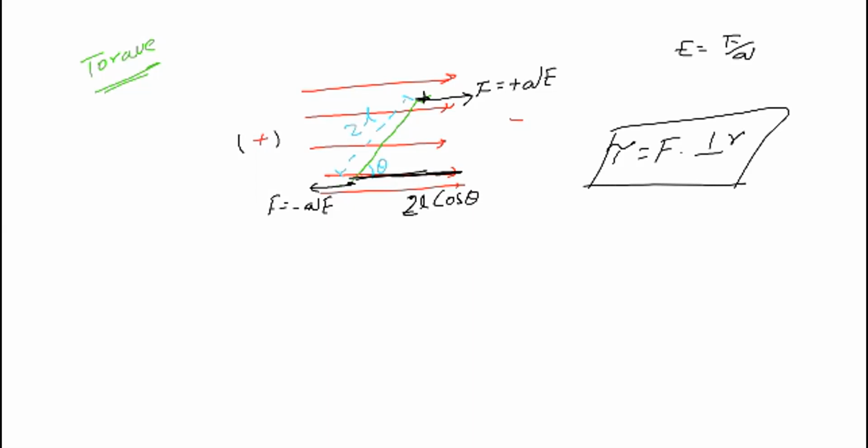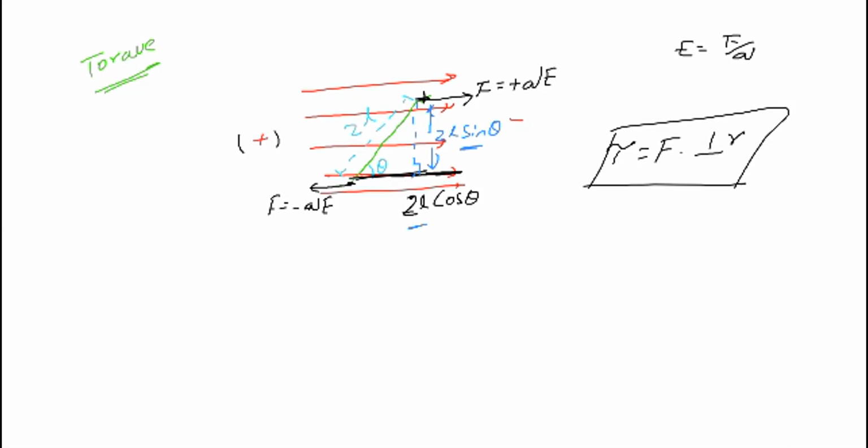Then the perpendicular distance from the base is 2l sin theta. Remember, I have placed the dipole at angle theta. With respect to the axis it is 2l cos theta, and the perpendicular distance is 2l sin theta.